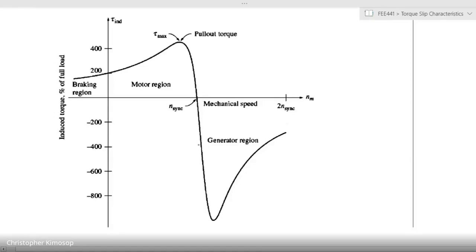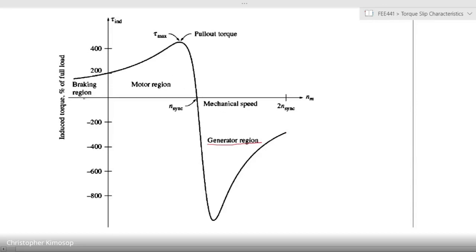So you will see a kind of reflected region down here, which is our generator region, whereby if you have a way of pushing the motor faster than the synchronous speed, you will then be moving into a generator region, whereby you are putting in mechanical energy and you are getting out electrical energy, which is represented all the way up to double the synchronous speed.